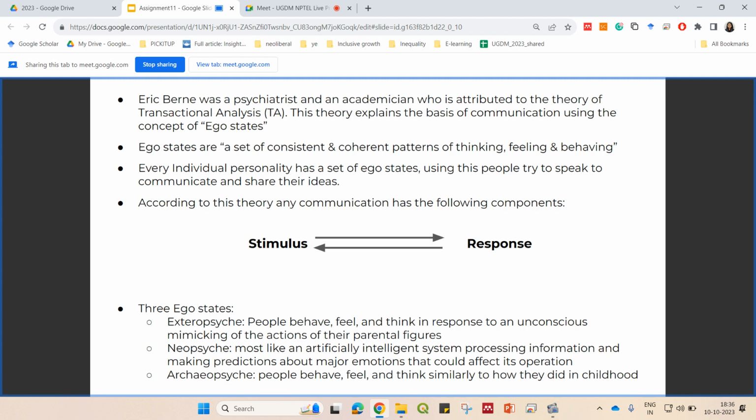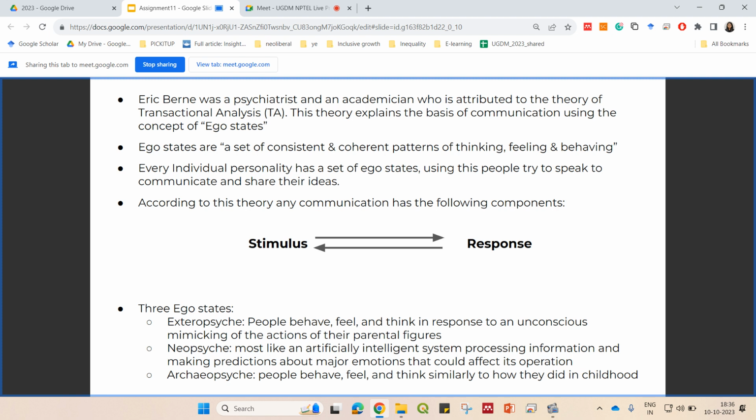This is behavior when you feel most comfortable in revealing the most natural behavior or natural response that comes to you, which is very similar to how you behaved in your childhood. So this is again what is also referred to as the child state.